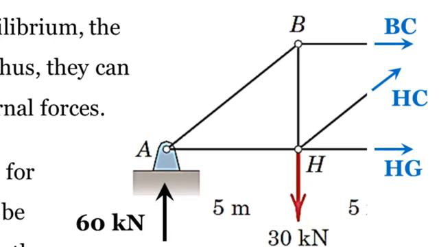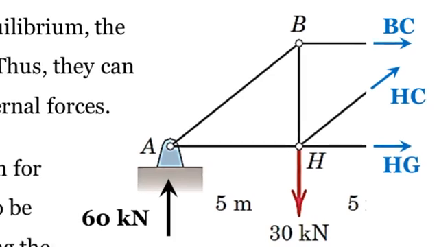I have 3 unknown forces. So the trick here is to find a point such that if I take the summation of the moments about it, 2 of the unknown forces will cancel. That means I will end up having only 1 unknown force in one equation, so it's solvable.